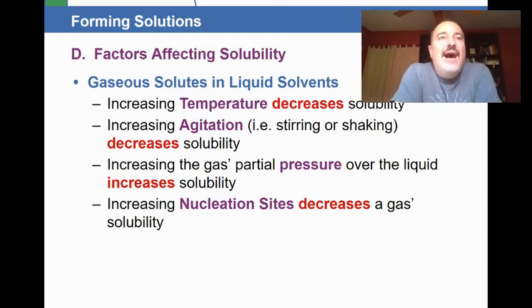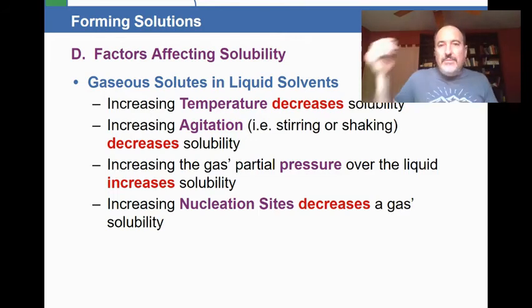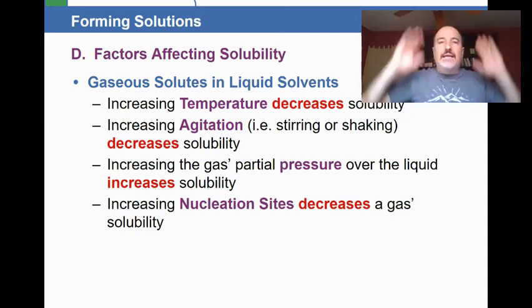I don't know if you've ever seen, and I'm going to have available a little video here so you guys can click on it, of Mentos in Diet Coke. I don't know if you've ever seen this demonstration, but you put Mentos in Diet Coke and it just causes the Coke to spew up like a geyser.